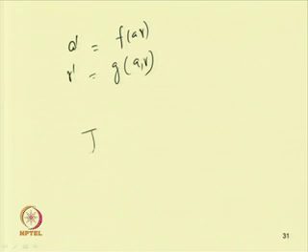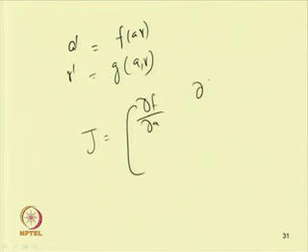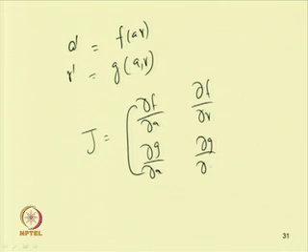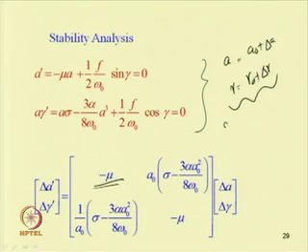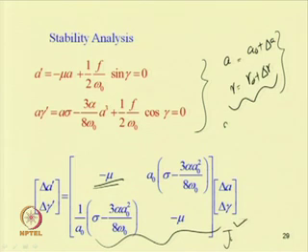So, this Jacobian matrix can be obtained by del f by del A and del f by del gamma, and del g by del A and del g by del gamma. Similarly, we have this reduced equation, and by substituting A equal to A 0 plus delta A and gamma equal to gamma 0 plus delta gamma, we can obtain this Jacobian matrix. So, this is the Jacobian matrix.